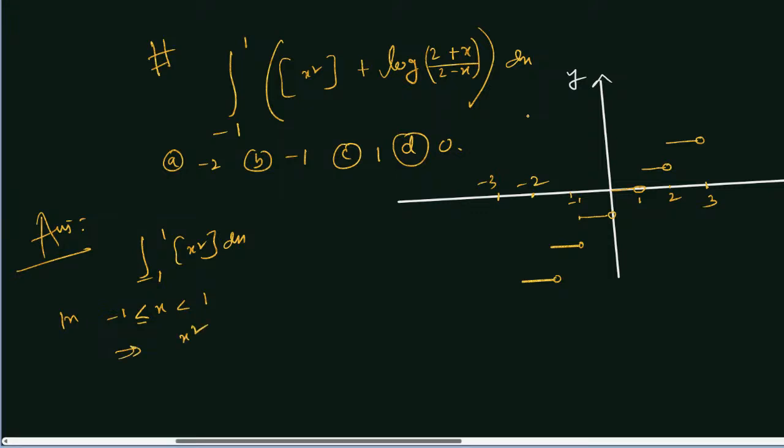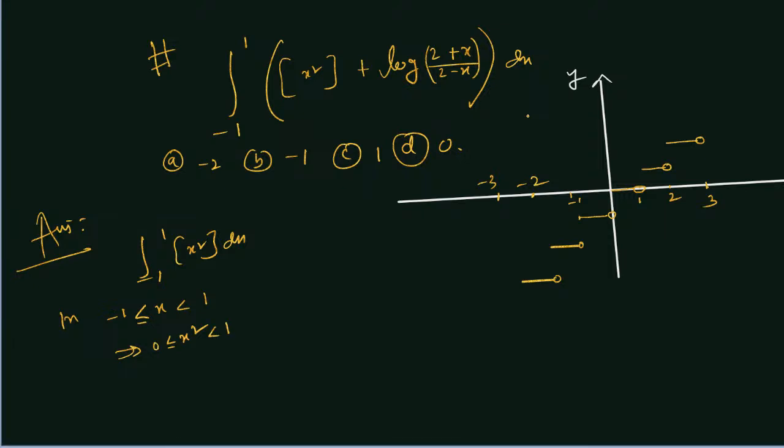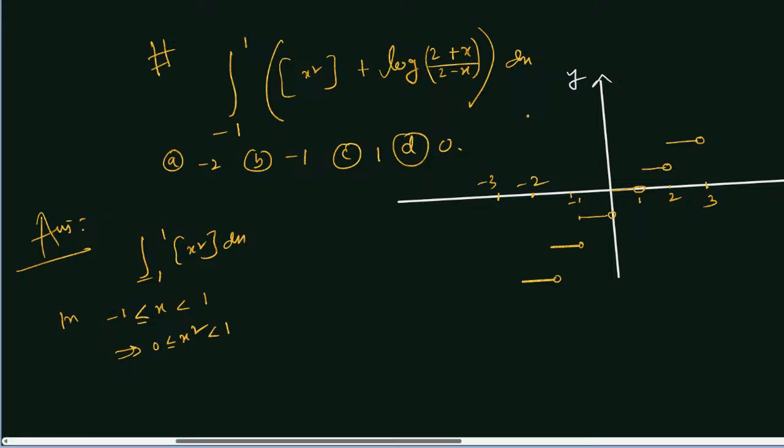Isn't it? Don't put greater than 1 less than 1, that's funny. x greater than minus 1 less than 1. So x square will be, isn't it? So in this interval, modulo x square will be what?